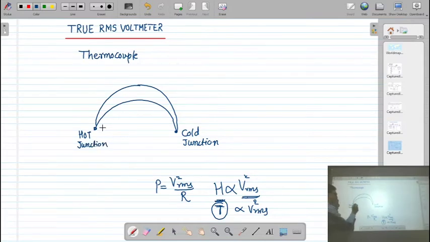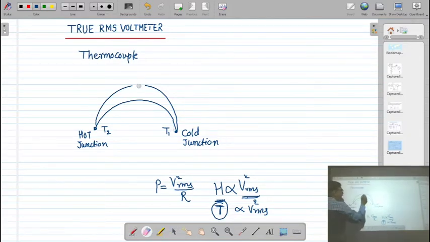If the temperature of the hot junction is T2 and the temperature of the cold junction is T1, then due to the difference in temperature, an EMF is going to be produced, and that EMF is going to be passed in the thermocouple wire.